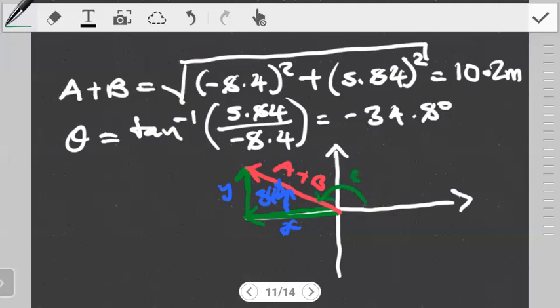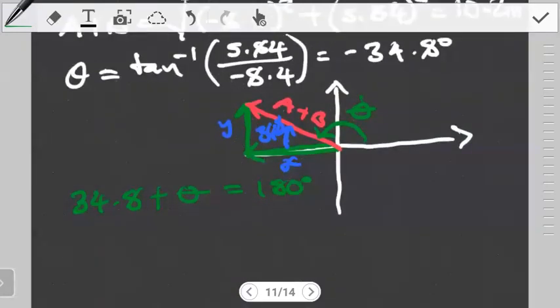If I write this as phi, notice that if you add 34.8 plus that angle phi, what you get is going to be 180, the angle of a straight line. This would then mean that the angle phi is given by 180 minus 34.8.